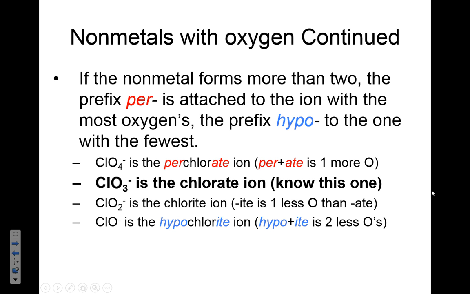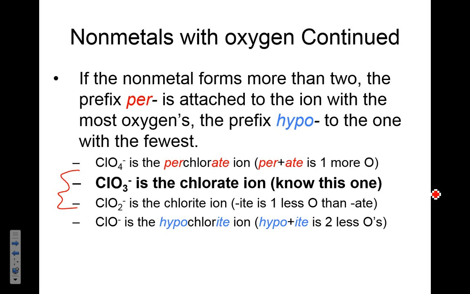So if we look at this family, we have ClO-, ClO2-, ClO3-, and ClO4-. Notice they're all -1s. And the only real difference is they have a different number of oxygens. Well, notice in the middle here our ate-ite situation, same as I just talked about a second ago. The ite has 1 less oxygen than the ate.